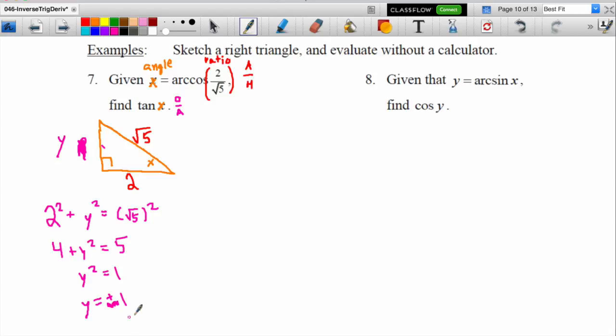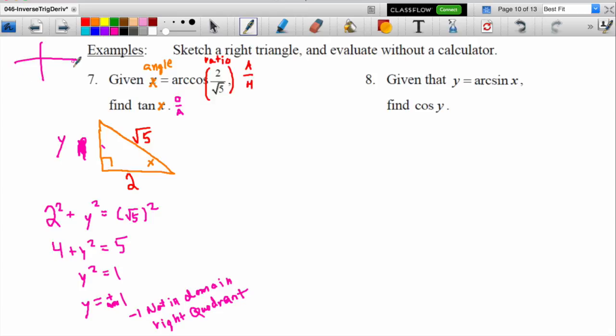Negative 1 is not in the domain, or the right quadrant. The right quadrants for cosine are 1 and 2, and y is never negative in quadrant 1 or 2.